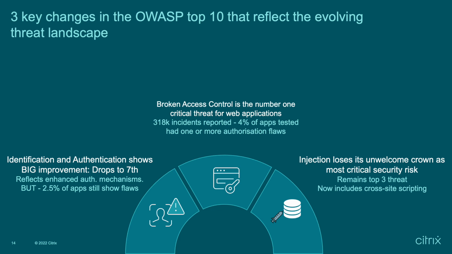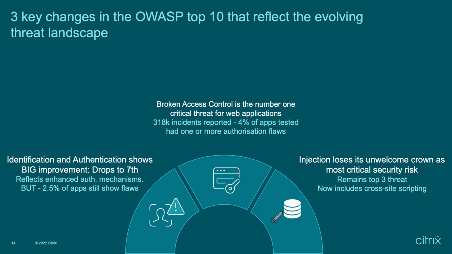Indeed, there were a staggering 381,000 occurrences of broken access control vulnerabilities in their dataset. It seems that while business is getting better at determining who is accessing apps, it's failing to ensure that users, processes, and devices can do only what they're supposed to do.